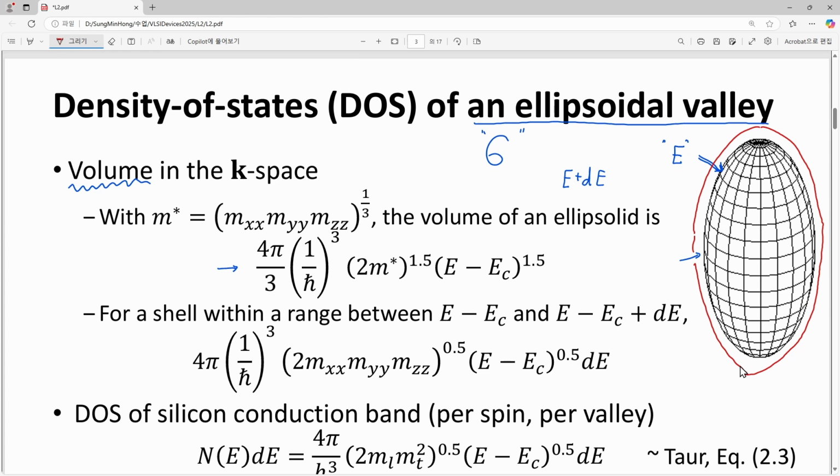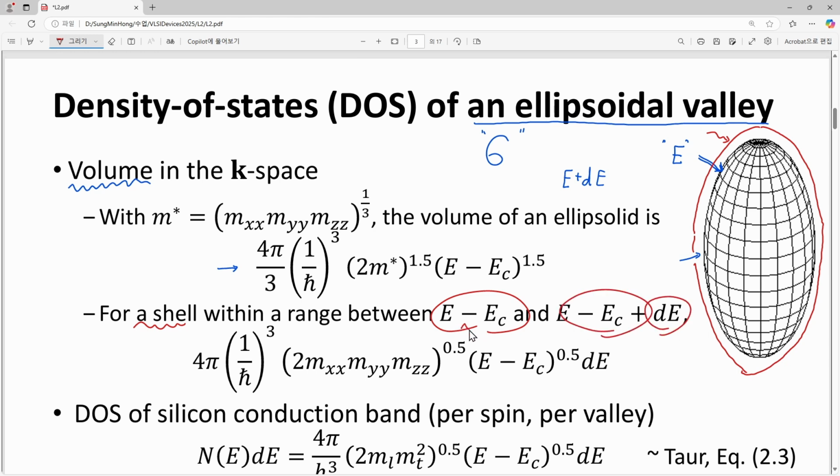By taking the difference between the volume corresponding to this red surface and this black surface, we can calculate the volume of a shell within a range between E and E plus dE.